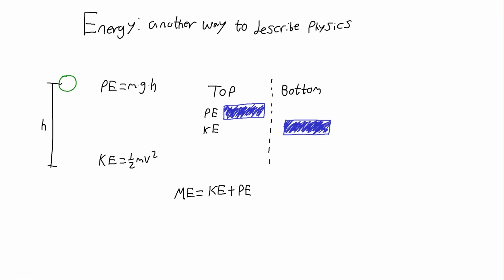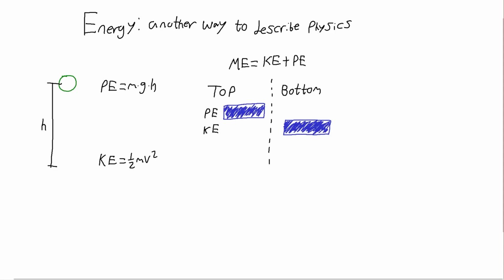So with forces, we could describe what's happening moment by moment, but sometimes we don't actually care about everything in between. We only care about what happens at the beginning and at the end, which is when energy would be a more useful tool. And something really cool about energy is that it's conserved. So the total energy in the beginning, or the initial energy, is always going to be equal to the total energy at the end, or the final energy.